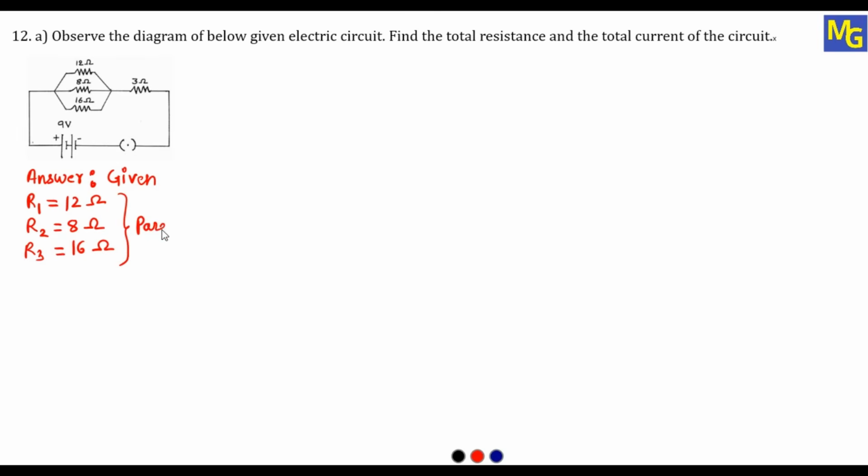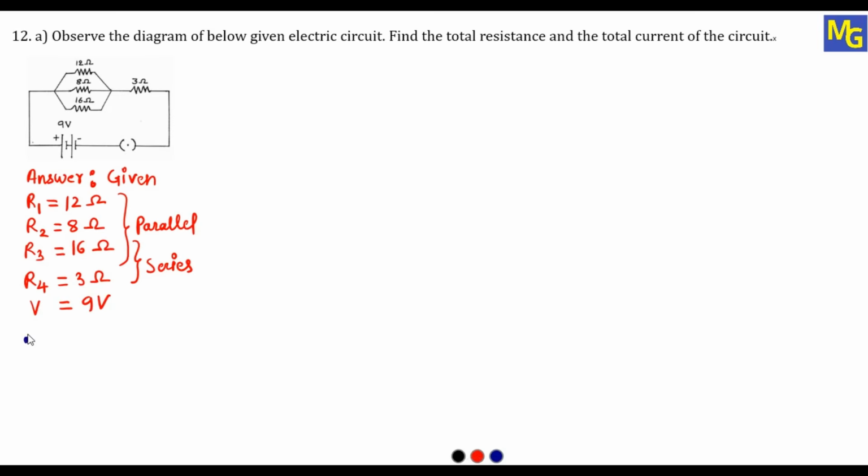One more resistor we have, R4, 3 ohm, and these both have series combination. Now we have a voltage, capital V is equals to 9 volt.